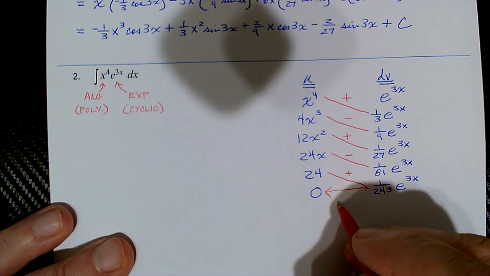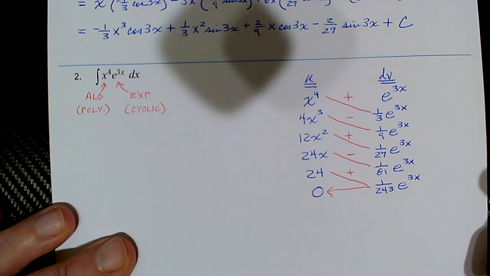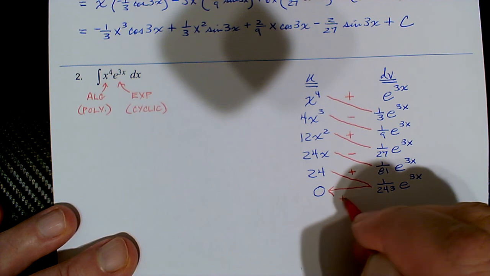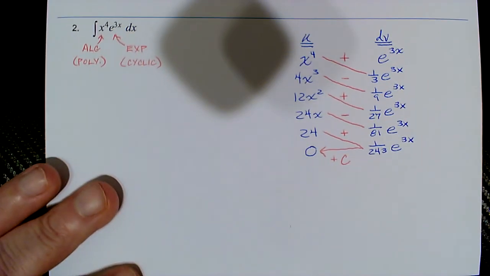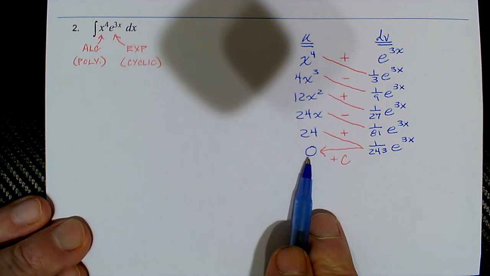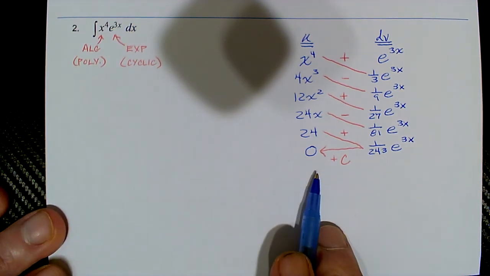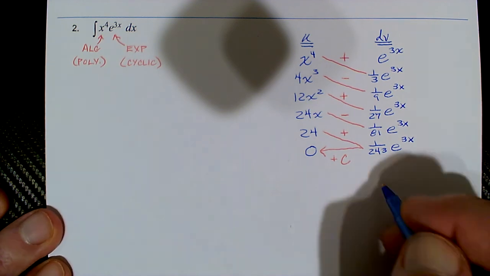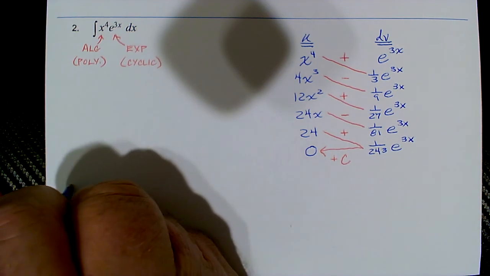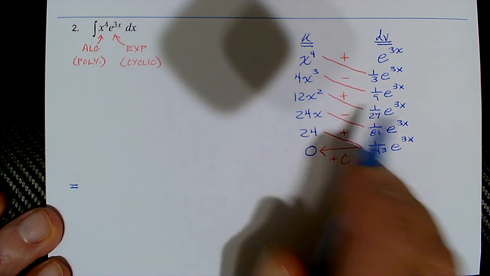And then I suppose this would be minus the integral of 0, but it doesn't matter, minus c plus c, just call it plus c. Because again, if and only if that final entry in the u column is a 0, can we call that horizontal product a constant of integration? And that's because, as we argued earlier, the integral of 0 is a constant in general. So everything's done. Just take the product of these diagonals, account for their signs.